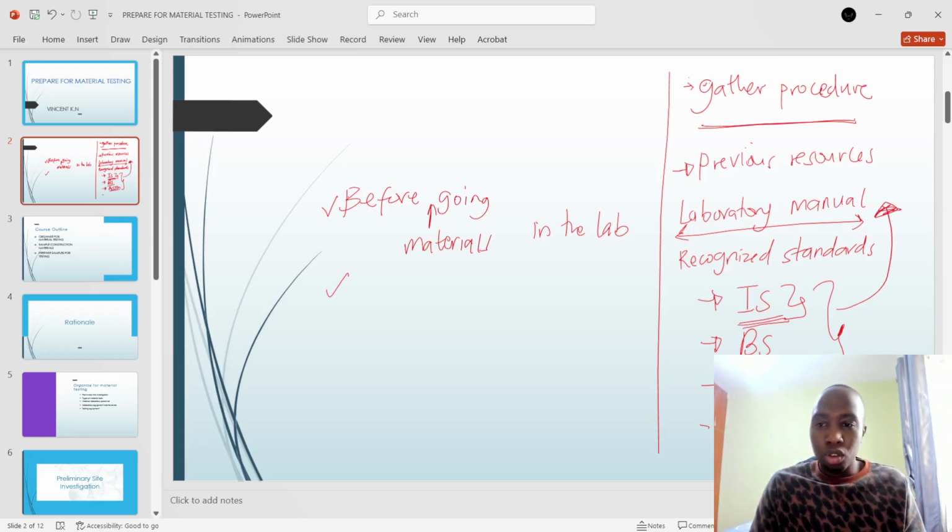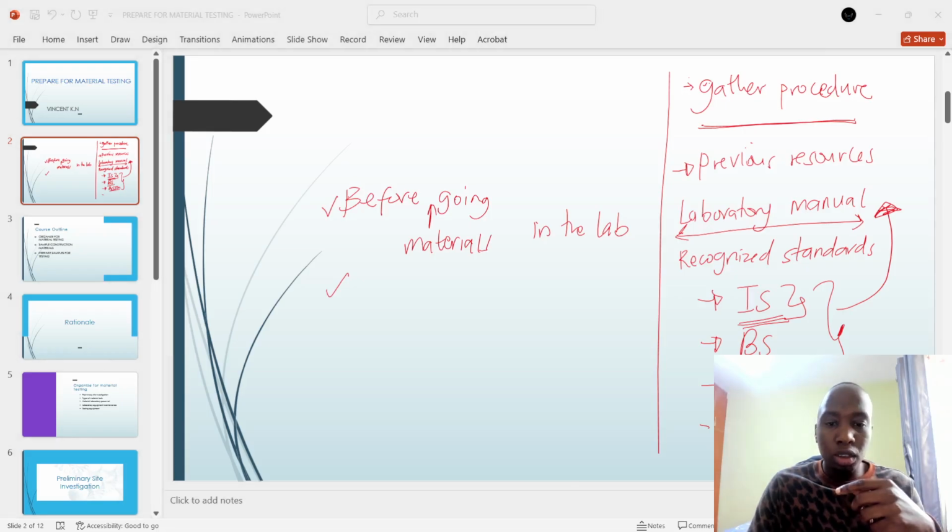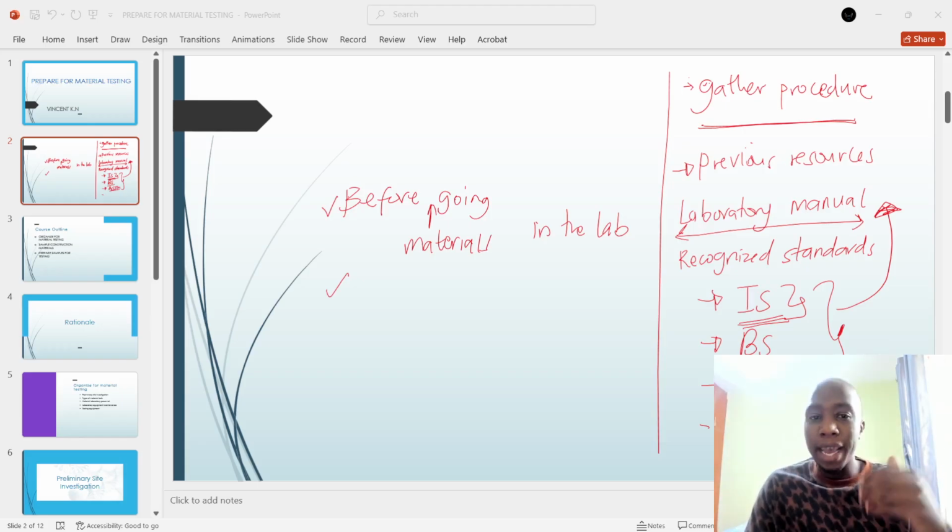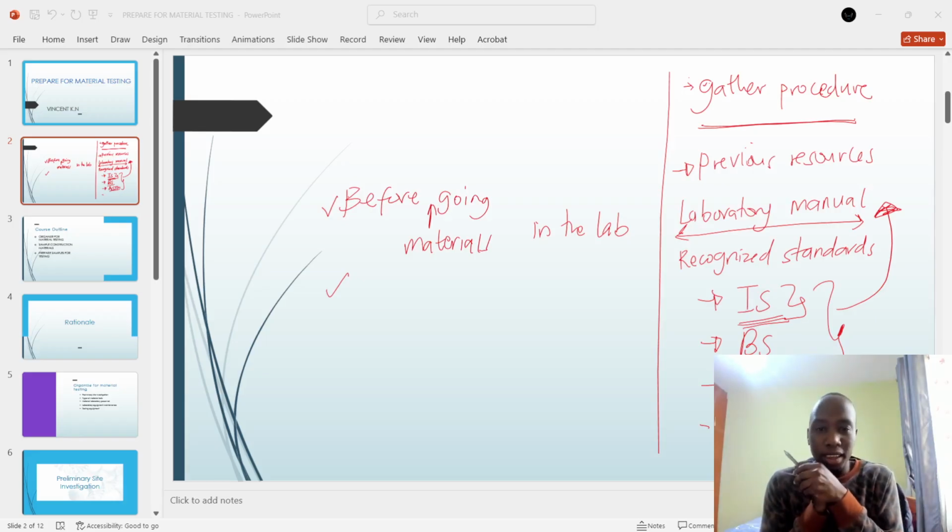So it is important that you familiarize yourself with laboratory manuals before you go to the field, just as my friend Joshua was saying. So he's saying that preparing for material testing will also involve gathering these manuals together.